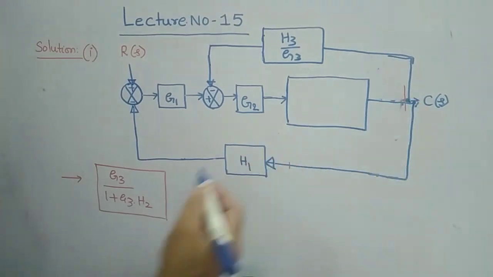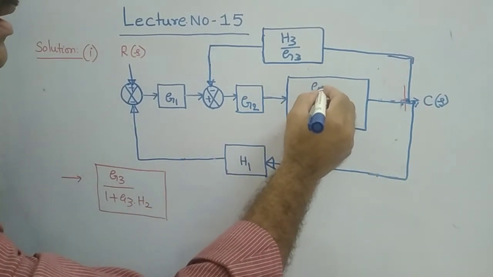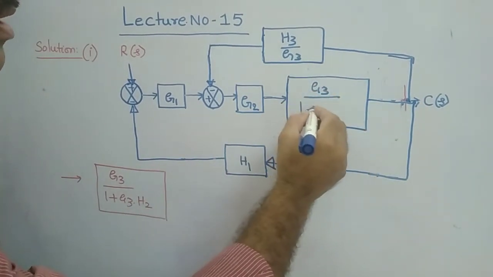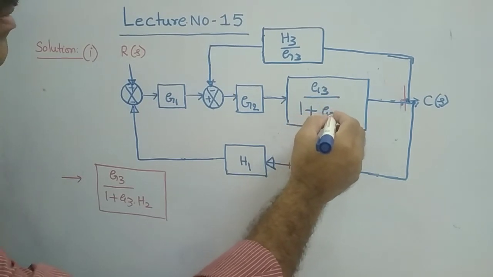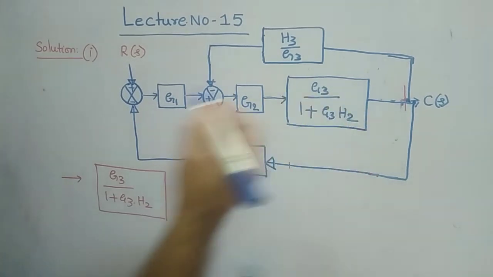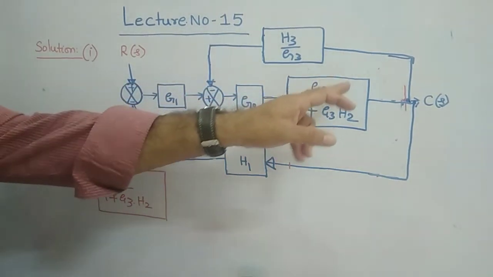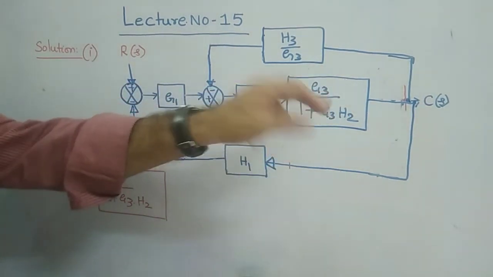What is that? Actually it is G3 by 1 plus G3 into H2, that is, after elimination of the negative feedback loop which is available there.